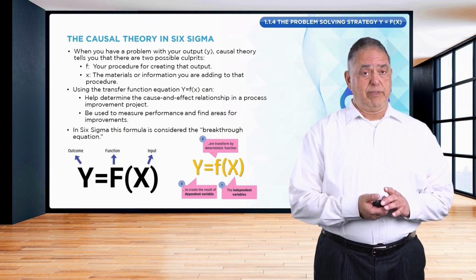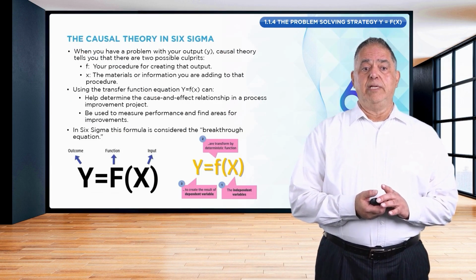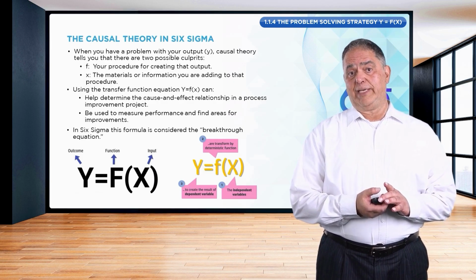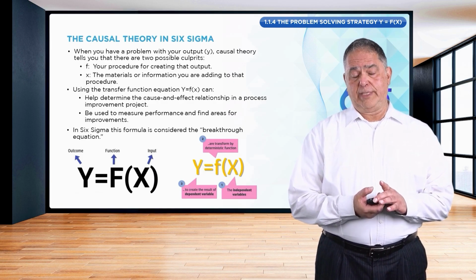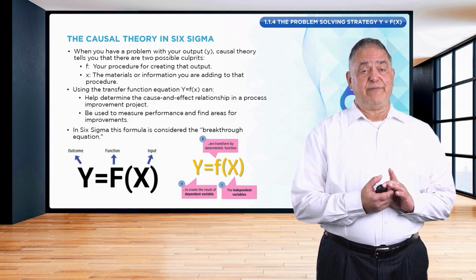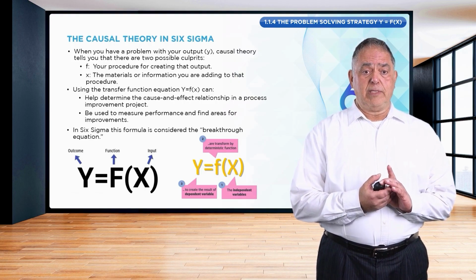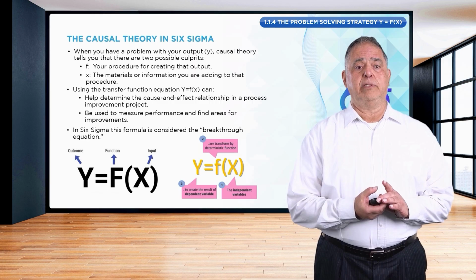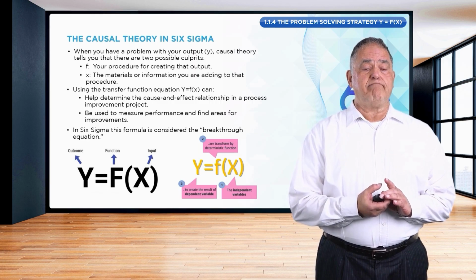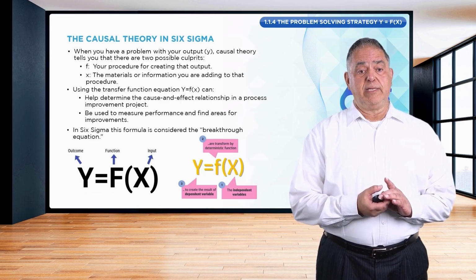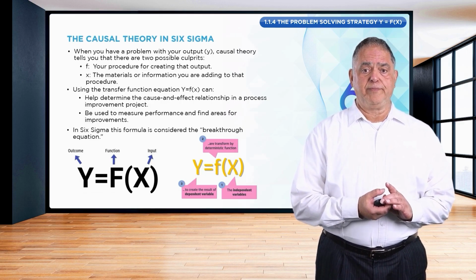When you have a problem with the process outputs, the causal theory tells us that there are typically two culprits that we have to take into consideration. The F, the function, your procedure for creating that specific output, and also the X, the materials or information that you're adding to that procedure.